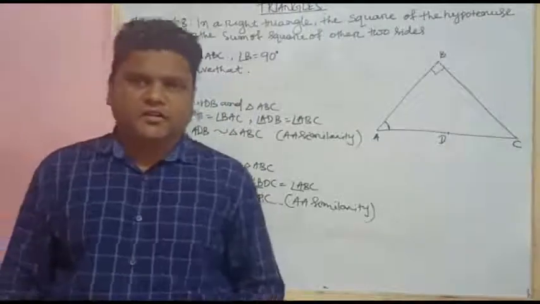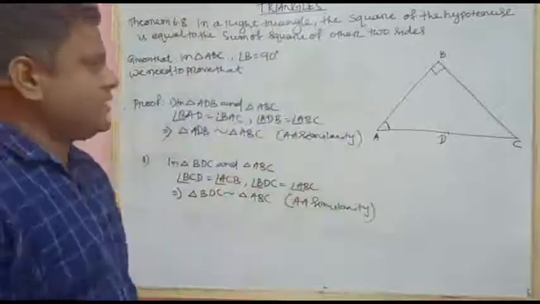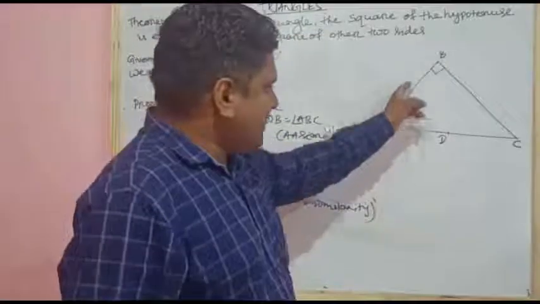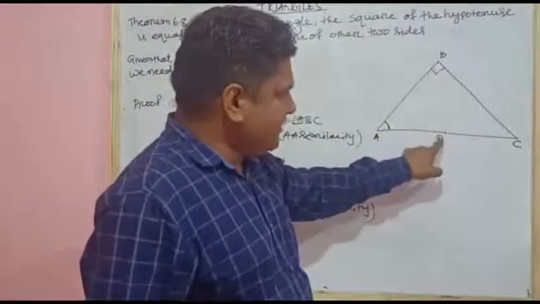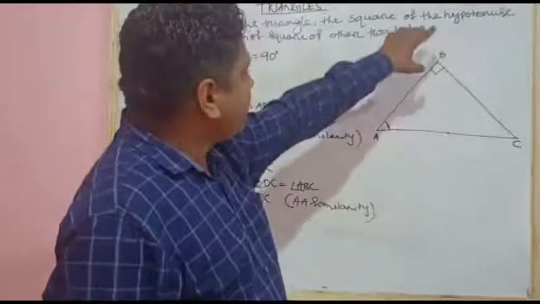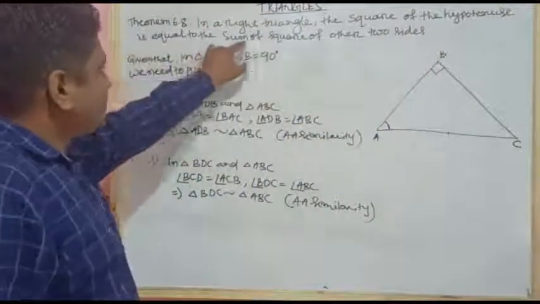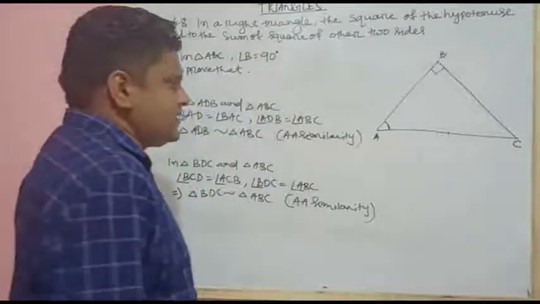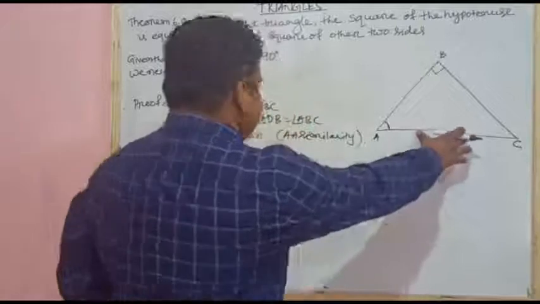Now let's prove theorem 6.8. Theorem 6.8 is: in a right triangle, the square of the hypotenuse is equal to the sum of squares of the other two sides. In triangle ABC, angle B is 90 degrees, so AC will be its hypotenuse.